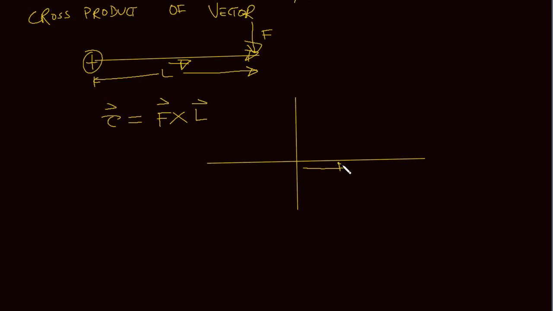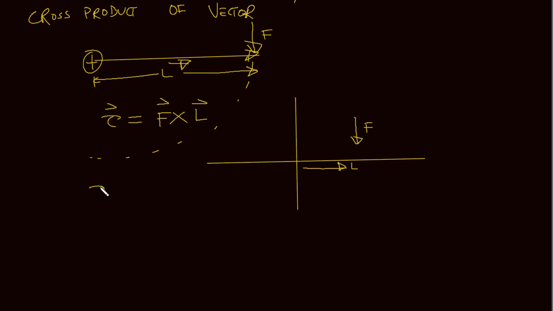This is the vector L, and this is the force F. What will happen if you apply a force like this? This will rotate. So that's why torque is a vector. And this is a very important concept that I'm about to tell you: the direction of what happens in cross product.